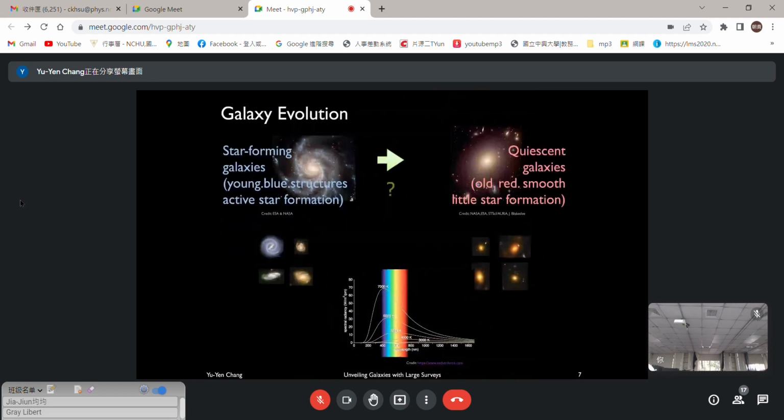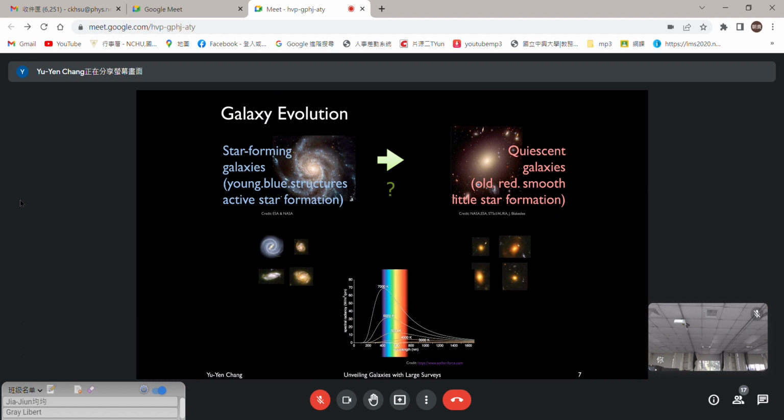One of the most important questions in galaxy evolution is how star-forming galaxies evolve to quiescent galaxies. Star-forming galaxies are young galaxies with structures and active star formation, and they usually look bluer. If they stop their star formation, they become quiescent galaxies.